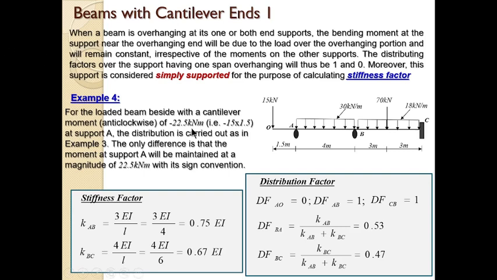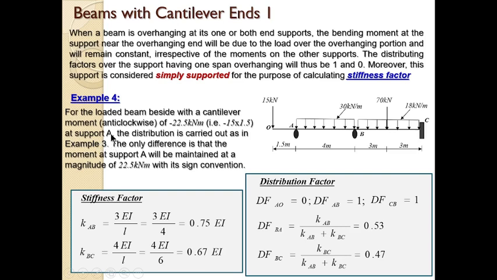So let's go to what we do. For the loaded beam beside, which is this, there is a cantilever moment, an anti-clockwise moment of minus 22.5 kilonewton meter. That is because this is anti-clockwise, so 15 times 1.5, that is minus 22.5.